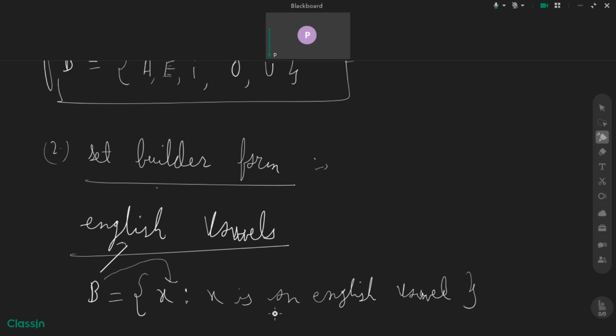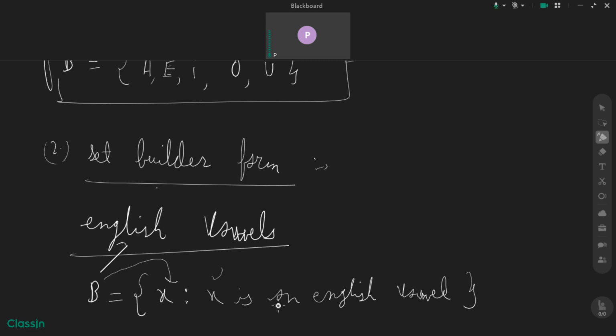So without directly writing the elements, I just use the variable X, and then I write the property. What is the property that is satisfied by the elements of this set? That property is written after X. So what is X? X is an English vowel.